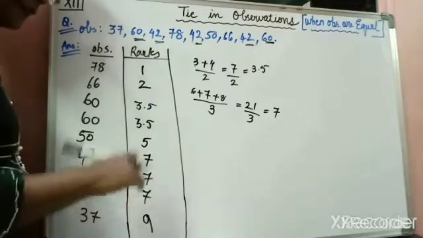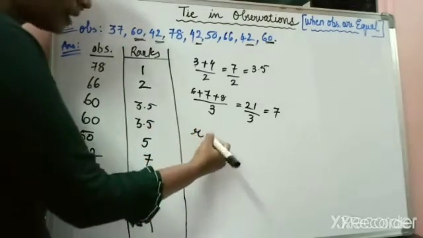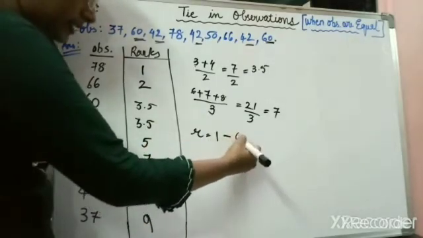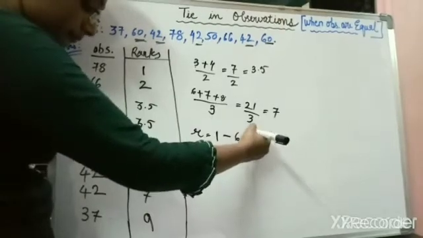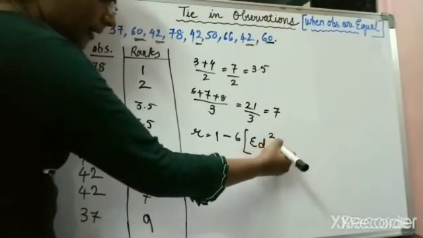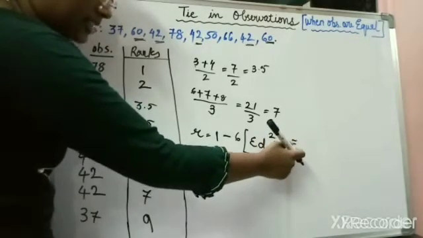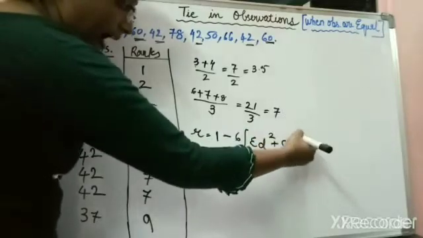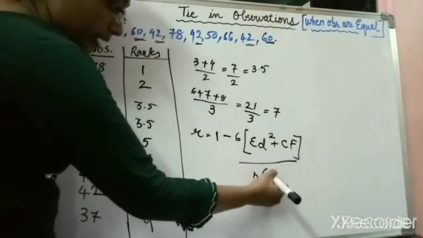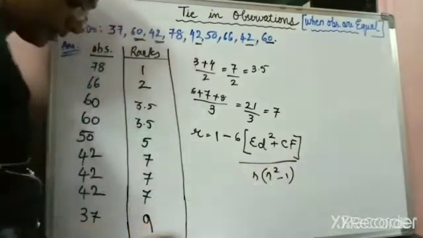Then in the last you have to follow up with the Spearman's rank correlation. So what is the formula for Spearman's rank correlation? R is equal to 1 minus 6 times sigma d square plus CF, so in this we are taking plus CF also, divided by n square minus 1.